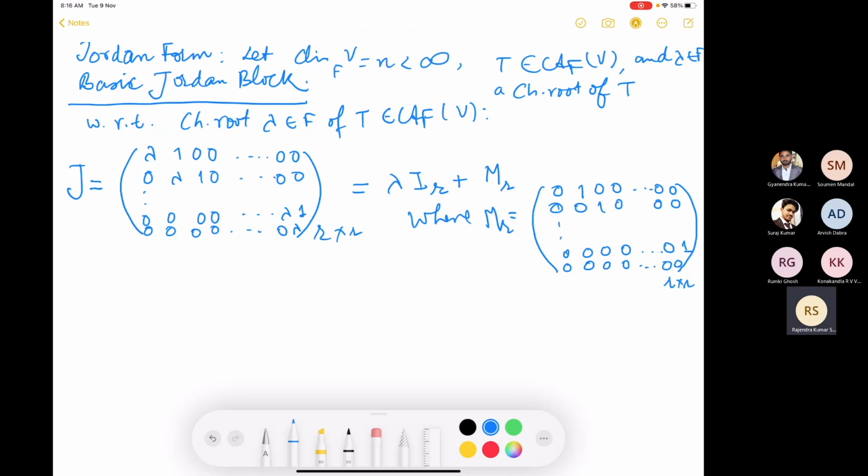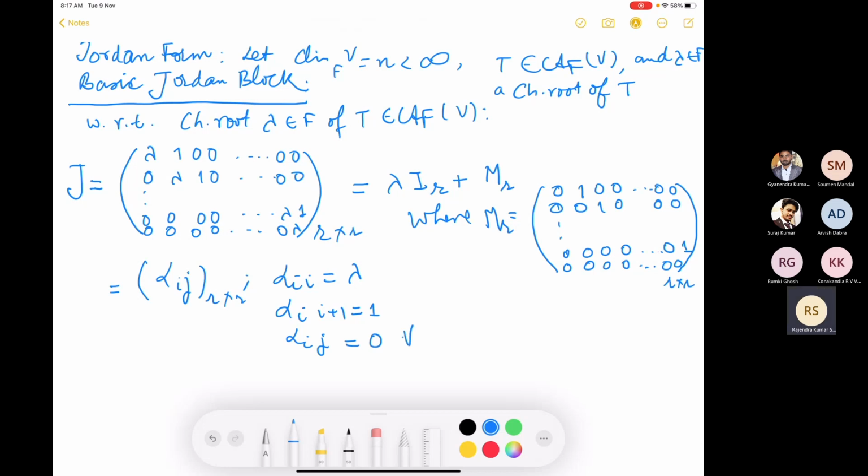So now this can also be seen as a matrix where if you write this as alpha ij, r by r, then alpha ii would be lambda, and alpha i,i+1 would be 1. These are the entries for the super diagonal, and for alpha ij, all other remaining entries will be 0.